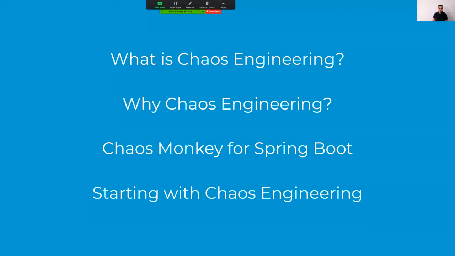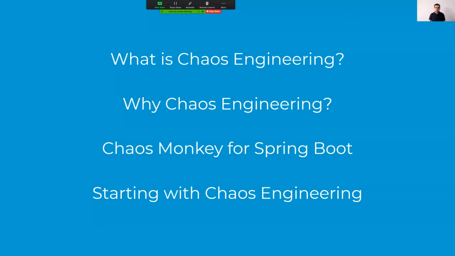So my presentation will be built on four phases. First, an introduction: what is chaos engineering and what are the general problems we have when building systems. Then the introduction of why there is something like this. And then we dive into Spring Boot and apply the Chaos Monkey to our Spring Boot apps.